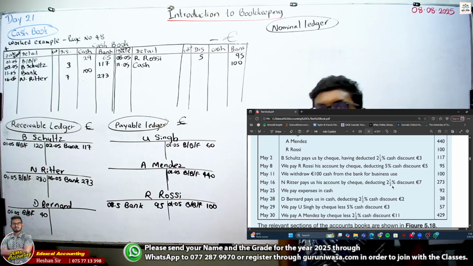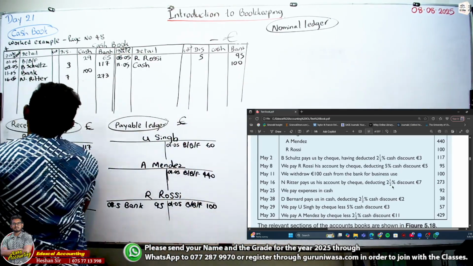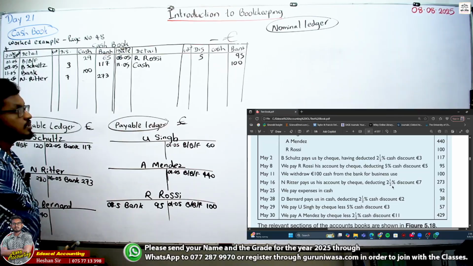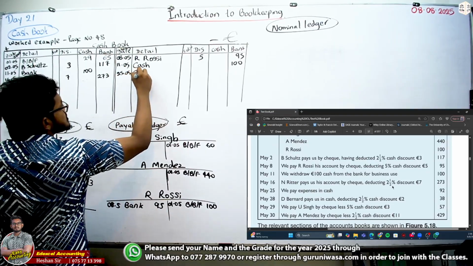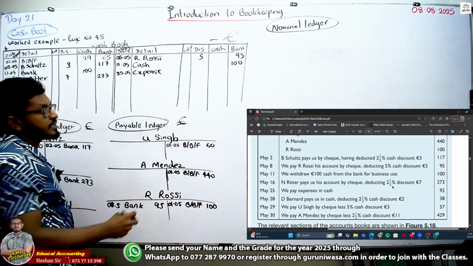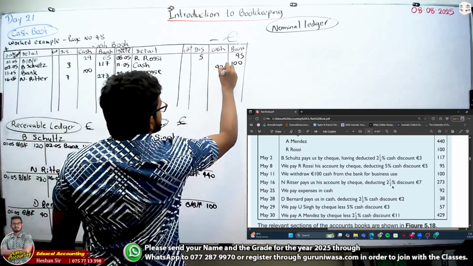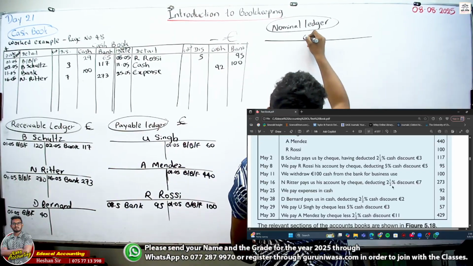Right. Next one. We pay expenses in cash, 92. So on 25th of May, expense, we paid by cash. How much? 92. In the nominal ledger, we open an expense account.